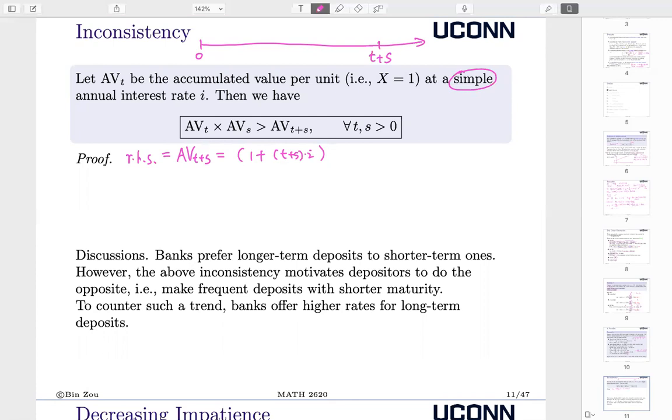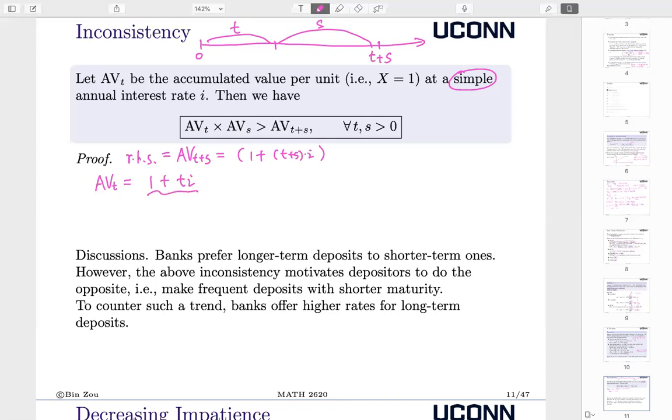But I also have many choices. Let's say I want to do 2 deposits, just the 2. Pick any time in between. Let's say I pick T. This is my first deposit. This is my second deposit, okay? So for the first deposit, at the end, I will be getting how much? 1 plus Ti, right? And then I do another deposit.